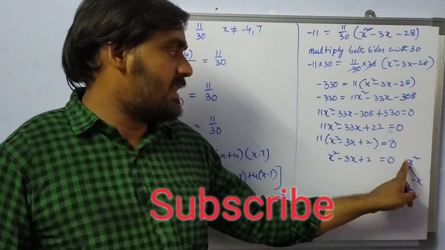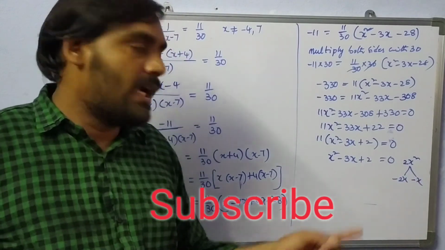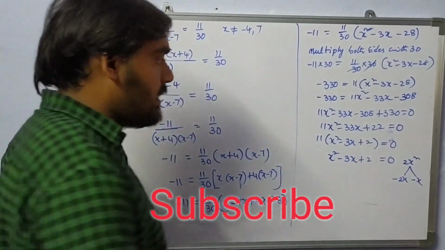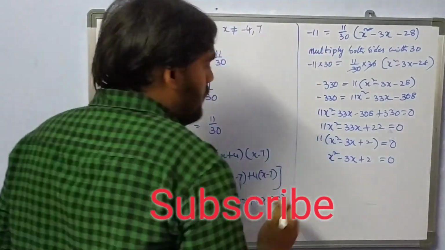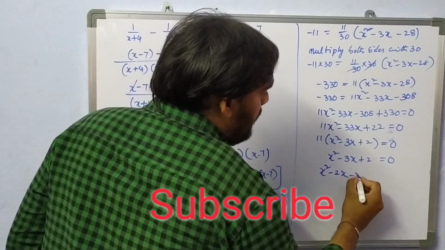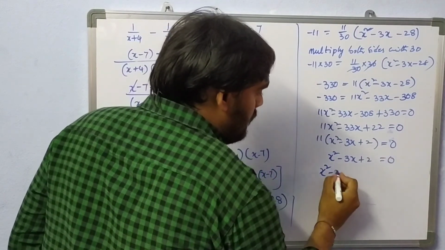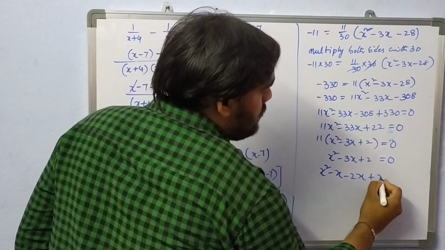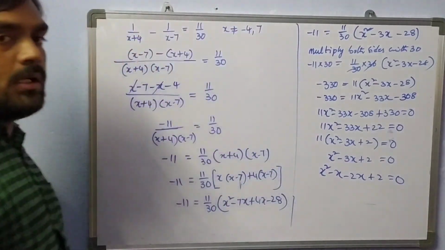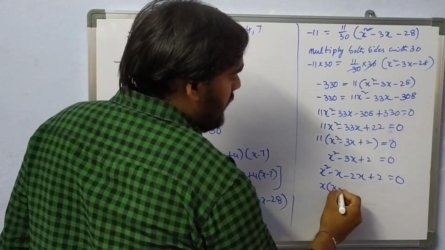Minus 2x into minus x is plus 2x square. Minus 2x and minus x, when you add, you will get minus 3x. Am I correct or not? So that only here I am changing this one as x square minus 2x minus x plus 2 is equal to 0. Now from these two things we can take x common, so x minus 2.